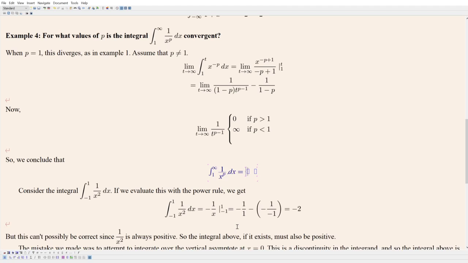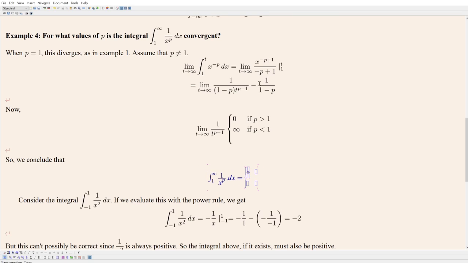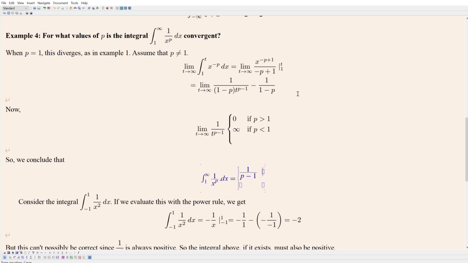So yeah, this is a result that's worth hanging on to. Yeah, this all becomes 0, so negative, I'm going to distribute this negative down here to get 1 over p minus 1. I think that looks a little bit nicer. So that was the case if p was greater than 1. And this guy diverges otherwise.